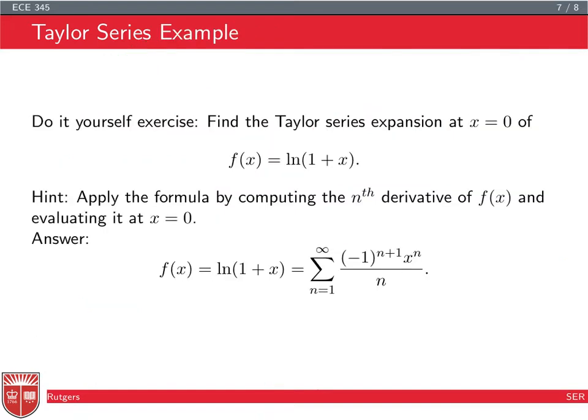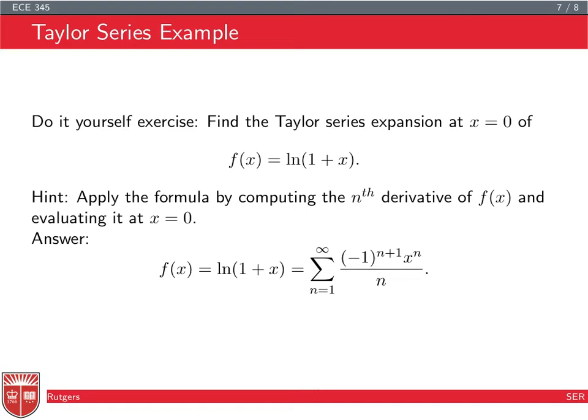Now let us find the Taylor series expansion of the function log of 1 plus x at x equal to 0. To find the Taylor expansion, we need to find the derivatives of this function. I'll do it here in blue.